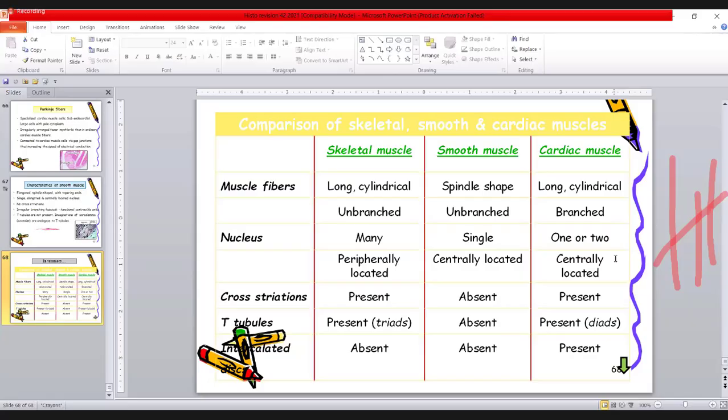If you were asked to describe the light electron microscopic appearance of these striations, yes, you could describe the A band, I band, Z band, sarcomeres, all these things. The striations are alternating light and dark bands due to the arrangement of actin and myosin, which are thick and thin filaments, right? So now you can come back and answer my question. Why do smooth muscles lack striations?